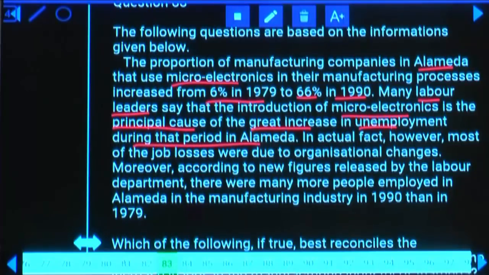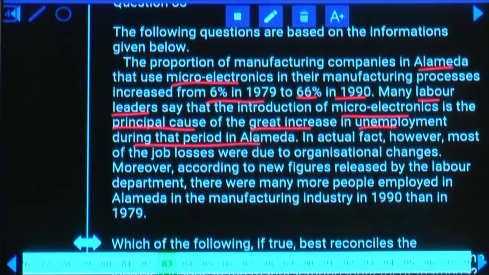Now, because of this, many labor leaders say that introducing this microelectronics is the main reason behind the great increase in unemployment. ఈ మైక్రో ఎలక్ట్రానిక్స్ మనం ఇంట్రడ్యూస్ చేయడం వల్ల అన్ఎంప్లాయ్మెంట్ విపరీతంగా పెరిగిపోయింది అన్నాడు.